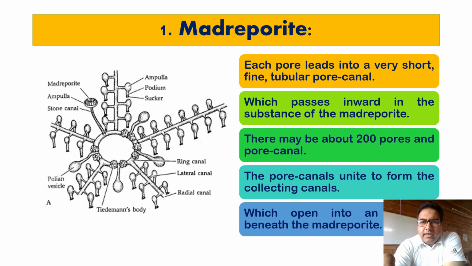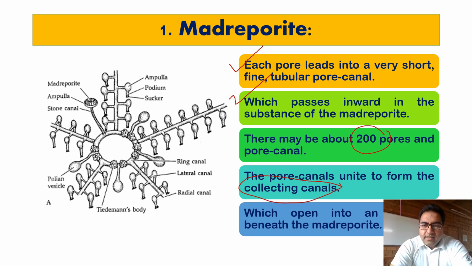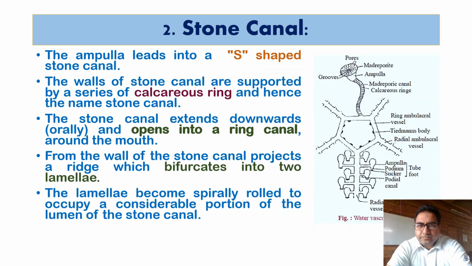Each pore leads to a very short, fine tubular pore canal which passes inward into the substance of the Madreporite. There are as many as 200 pores and pore canals, and they unite to form the collecting canals which open into the ampulla beneath the Madreporite. We discussed this in the last slide.